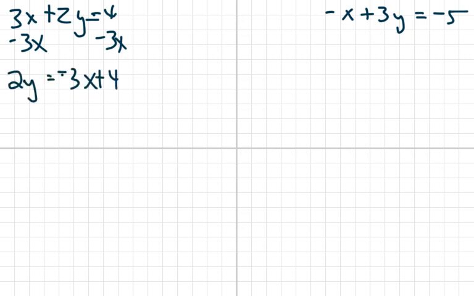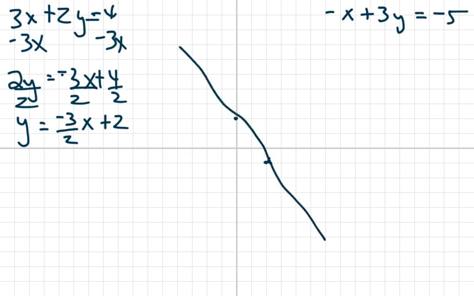And again, I'm just writing that in that order because it's nicer. And then we'll go and divide everything by 2. So we end up with a slope of negative 3 halves plus 2. And we go graph that, and it's no biggie. Down 3, right 2. Okay. All right. So far, so good.